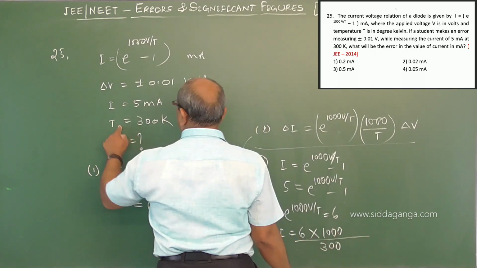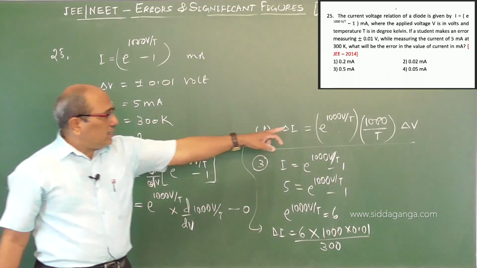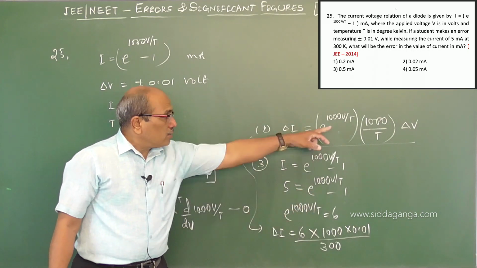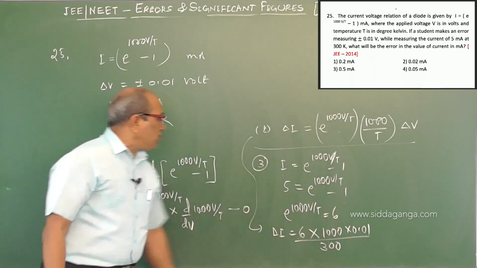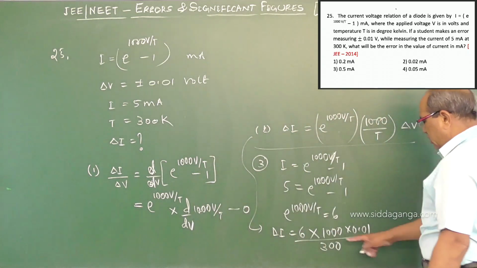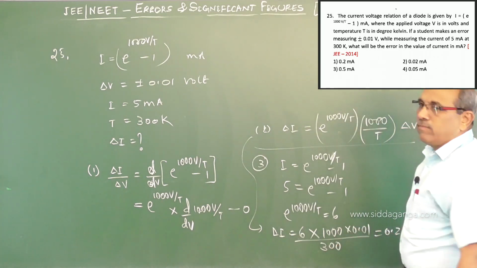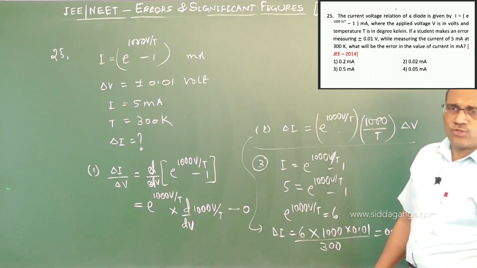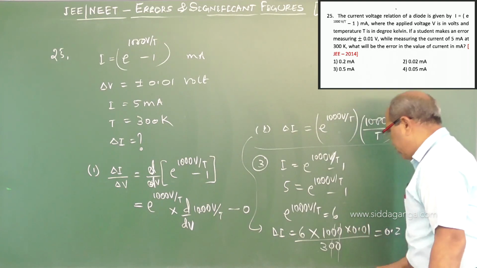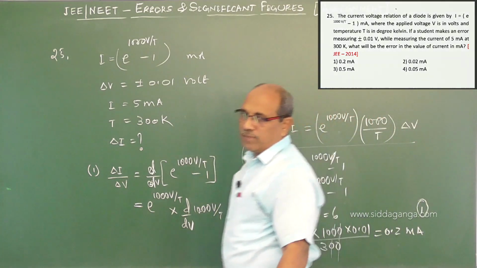Temperature given is 300. Delta V is 0.01. See, e to the power of 1000 V by T I got as 6, 1000, T is 300, delta V is 0.01 given here. So the two zeros cancel, and the answer is 0.2. Current is in milliamps. The option should be the first one, because here 2 zeros cancel, 1 remains, 0.1, 0.6 by 3 is 0.2 milliampere.